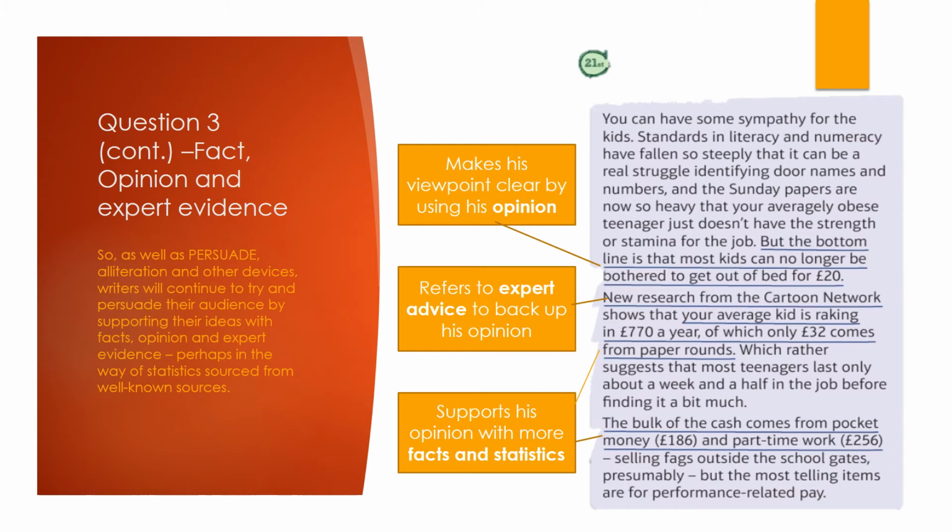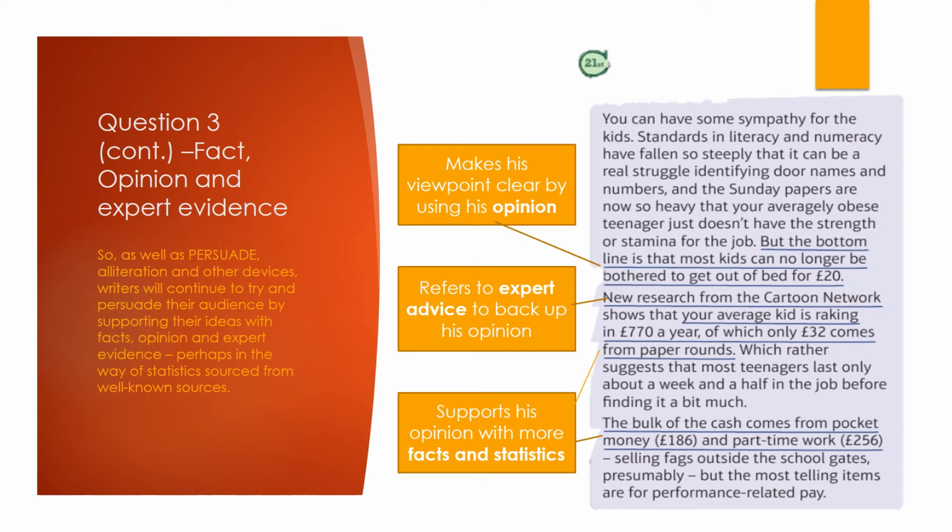So if we have a quick look at this example: but the bottom line is that most kids can no longer be bothered to get out of bed for 20 quid. So there you are, there's a viewpoint from the writer. If we go to the next stage, it says new research from Cartoon Network shows your average kid is raking in £770 a year, of which only £32 comes from paper rounds. So Cartoon Network is being referred to as an expert in talking about children and what they like to get up to.